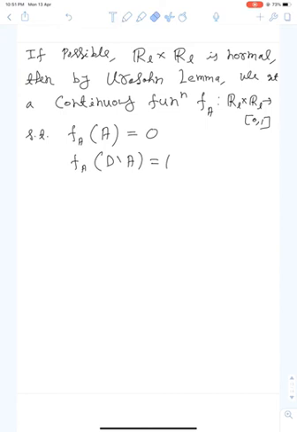Why do I write this A here? Because this f depends on A, right?